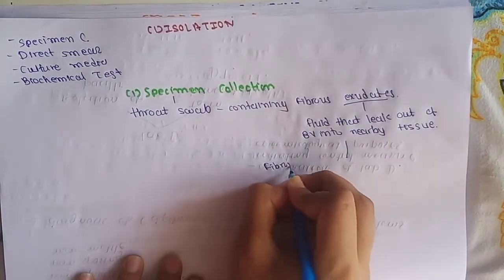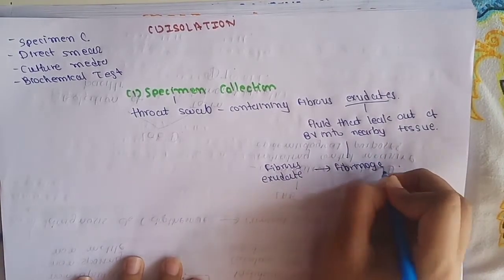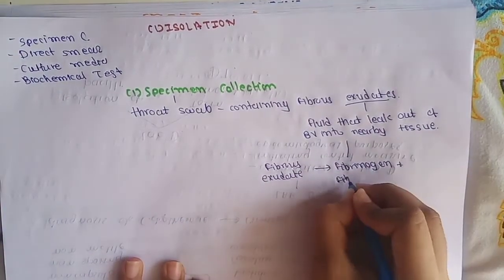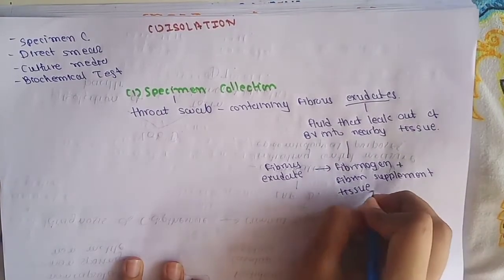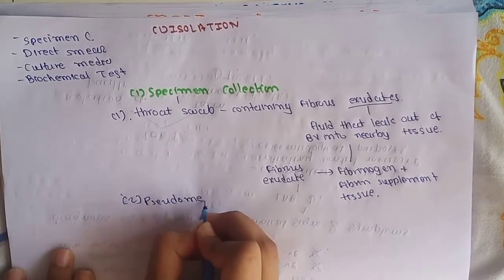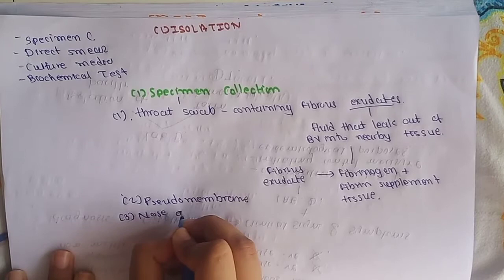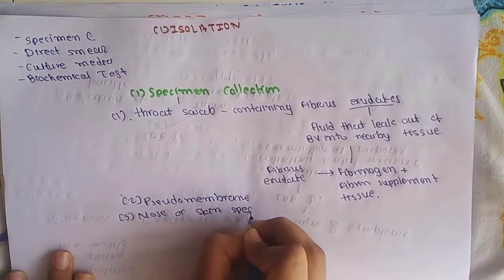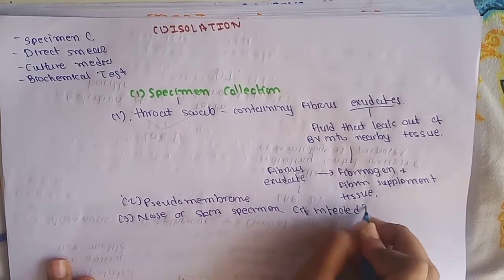That's why it will also contain fibrinogen plus fibrin containing tissue. So the useful specimens are throat swab, second is pseudomembrane, and the third is nose or skin specimen if infected, in cases of cutaneous diphtheria.